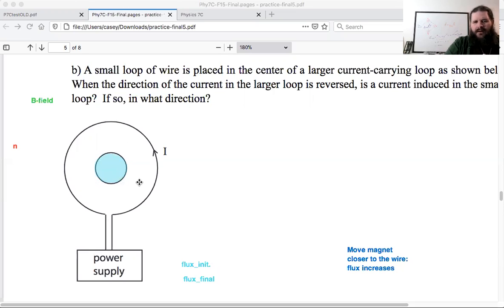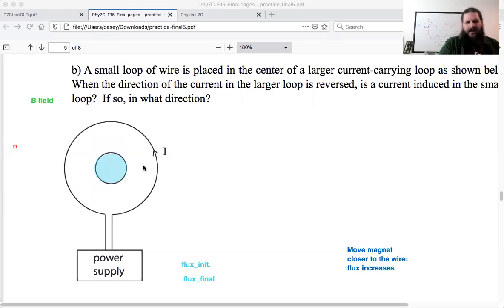And that means what are our options for a direction of the normal vector? In or out? Yeah, our normal vector could be inwards or outwards. And we'll choose one of those based on the existing magnetic field. We know we have current, to start with, we have current circulating counterclockwise.